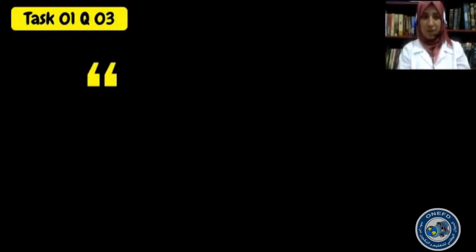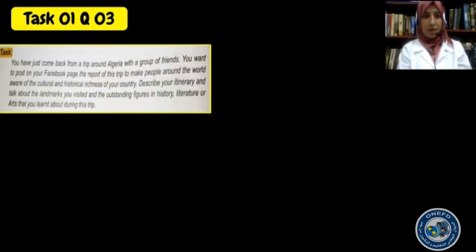Now we have task 1, question 3, page 43. So let's first read again our situation that we are going to write about. You have just come back from a trip around Algeria with a group of friends.